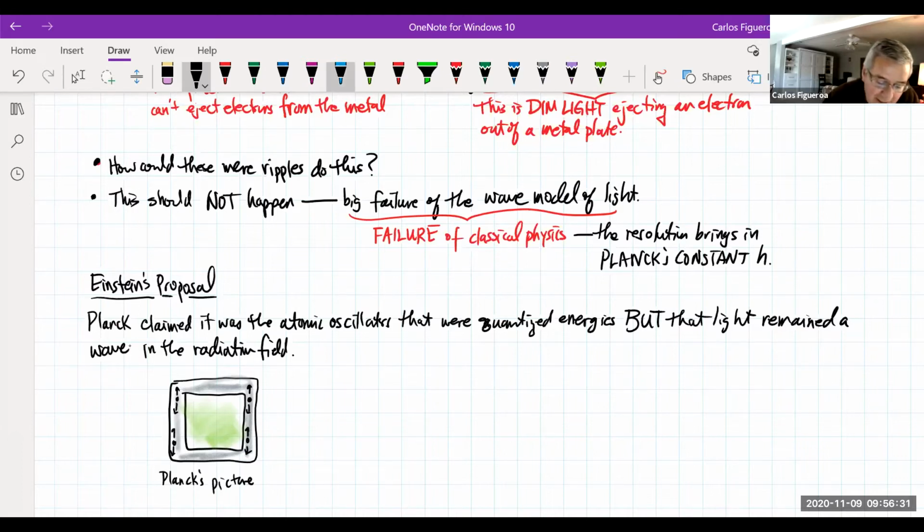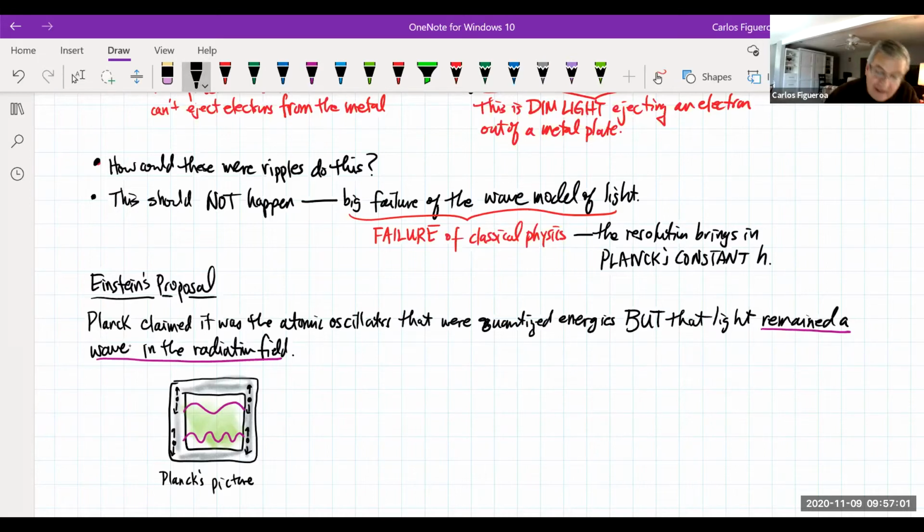And as they emit waves in quantized states, that means I can form standing waves inside the oven. So that's what I mean by they remained a wave in the radiation field. You set up electromagnetic waves in the oven here.